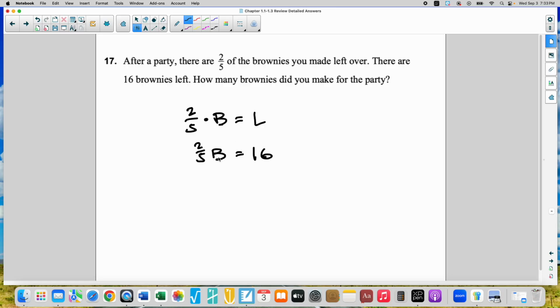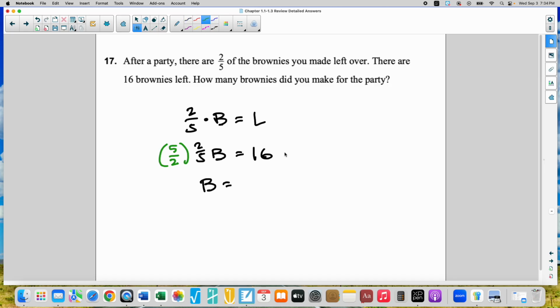Even though 2/5 is multiplying my variable, the inverse is division, but we don't want to divide with fractions, so we use the second inverse of multiplication, which is multiplying by the reciprocal. We're going to flip this. 2 goes to the denominator, 5 goes in the numerator. Any number multiplied by its reciprocal leaves you with 1 and the variable.